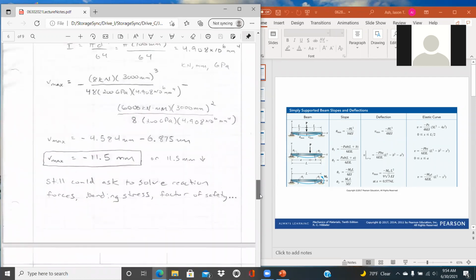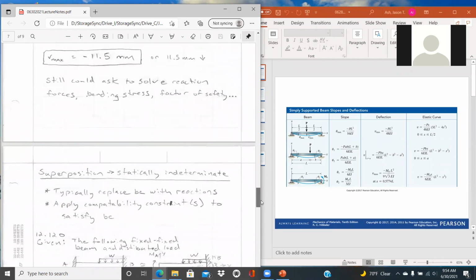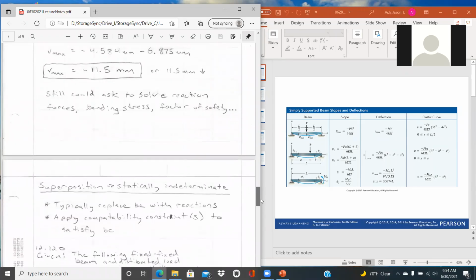We're just able to solve for that directly with the principle of superposition. And so that is a good place to stop.